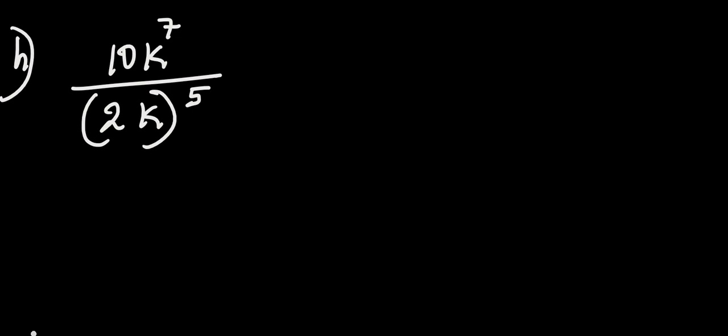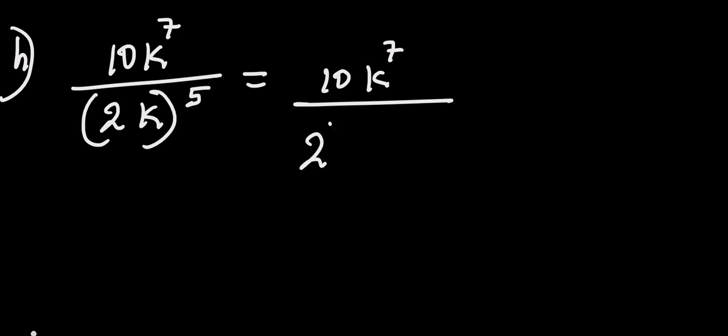Question H, we have 10k to the 7th power over 2k, in parentheses, to the 5th power. So just rewrite this as 10k to the 7th power over 2, and just write 1 here, k to the power of 1, all to the power of 5. So now you can distribute this 5 into this and this.